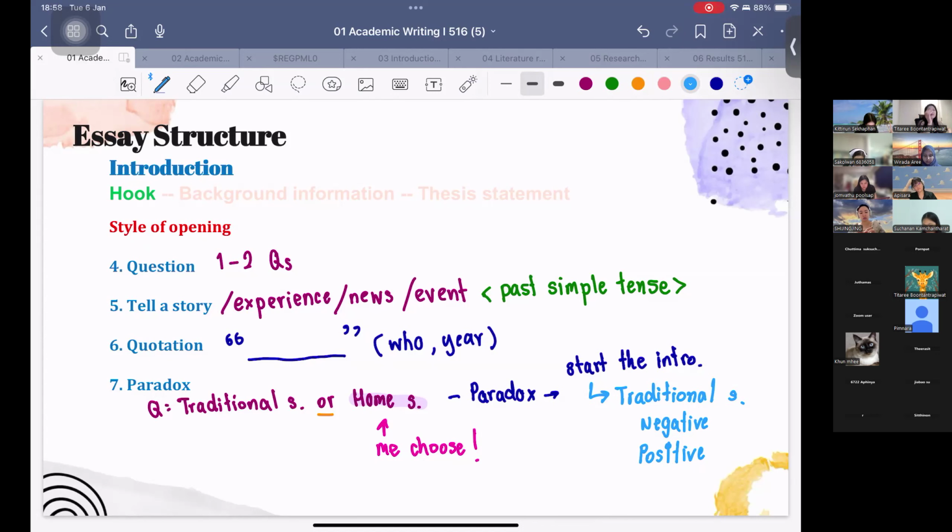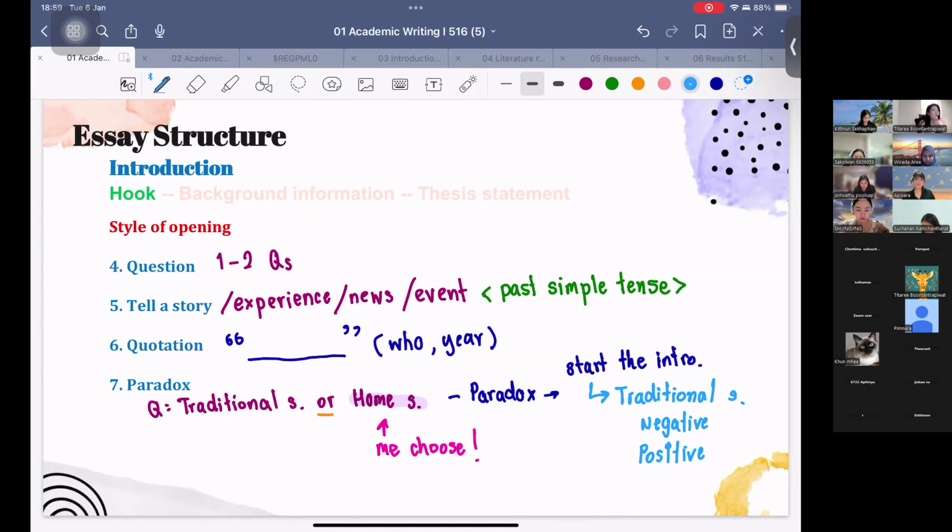And when you start your writing with a story, with an experience, retelling your experience, or talking about news or events, make sure you write it using past simple tense. Normally, when you answer the questions for a writing test, you use present tense.